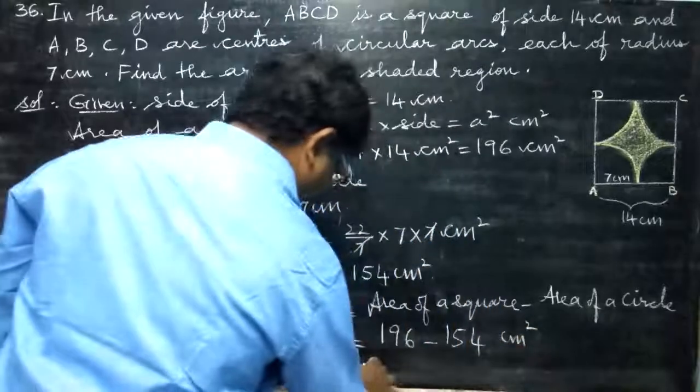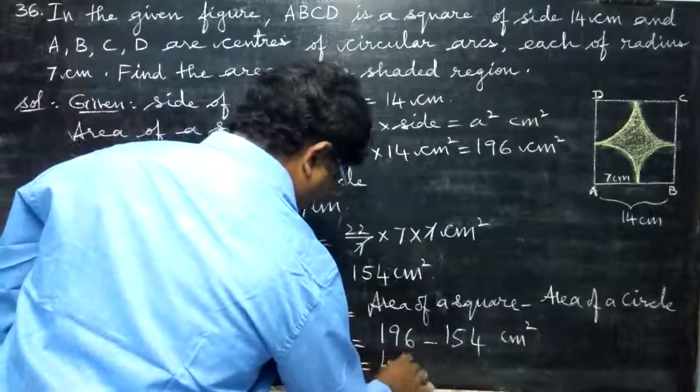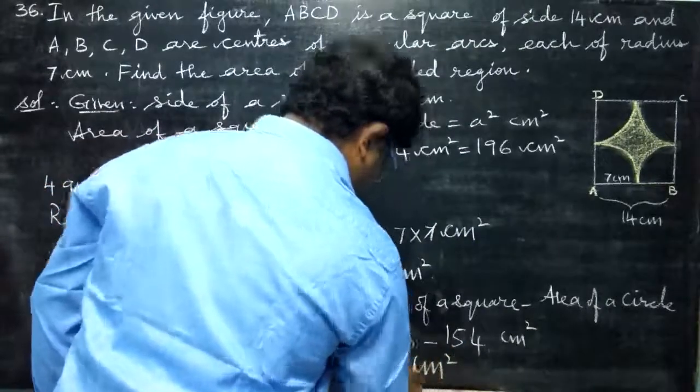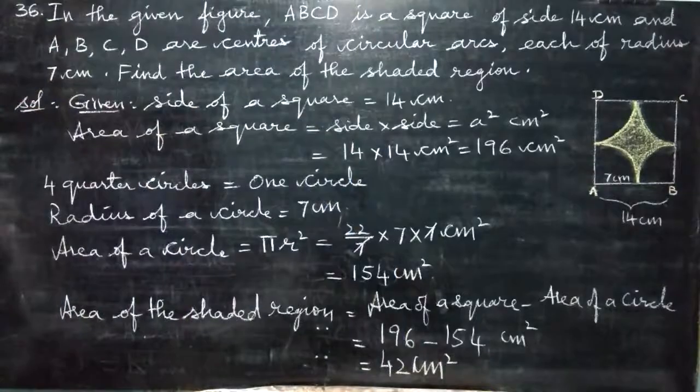Subtract. You'll get 42 centimeter square. What they asked to find? Find the area of the shaded region, they told. Therefore area of the shaded region is equal to 42 centimeter square. Write that word.